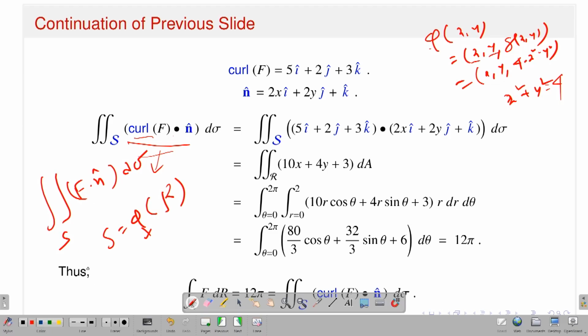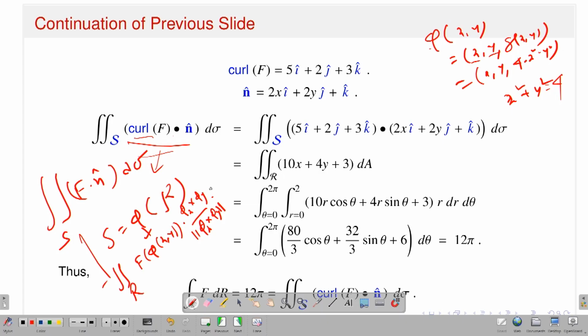So this is exactly equal to the integration over R of F of phi of (x, y), then n cap. So n cap means phi x cross phi y divided by the norm of phi x cross phi y, the unit normal vector.